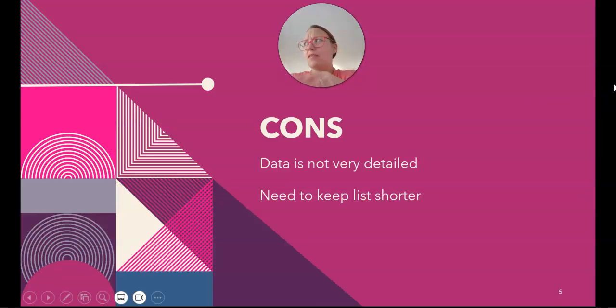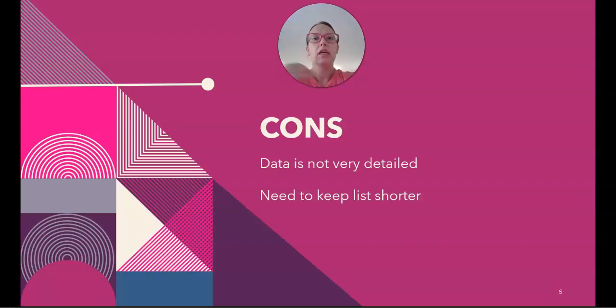The opposite side of that, the cons: the data that you get from using checklists isn't very detailed. You're not really getting a super complex viewpoint of things. In order to make it user-friendly for the researcher and how you can analyze the data, you have to keep the list to a manageable amount.